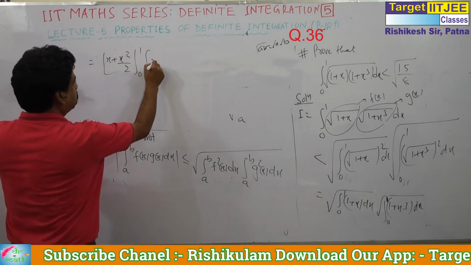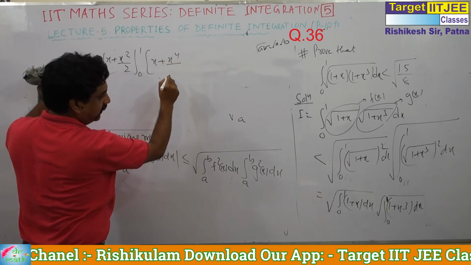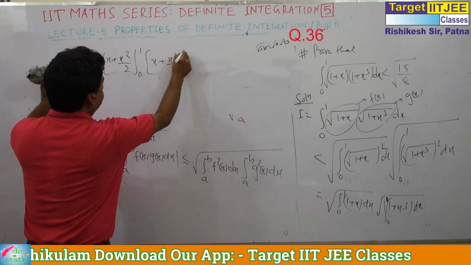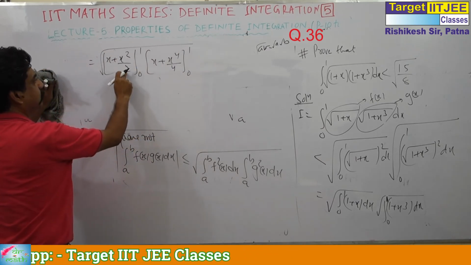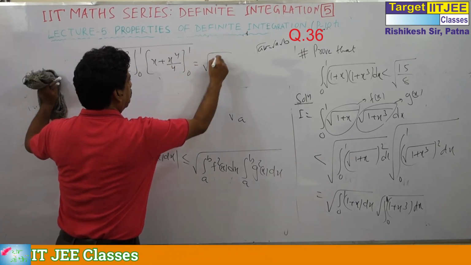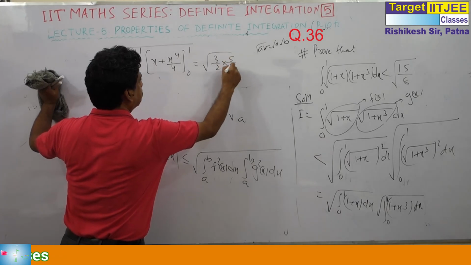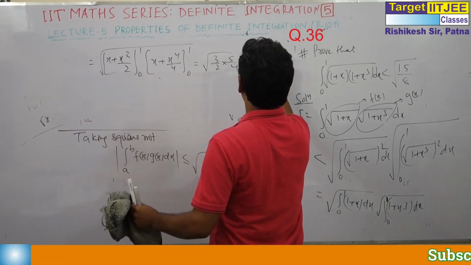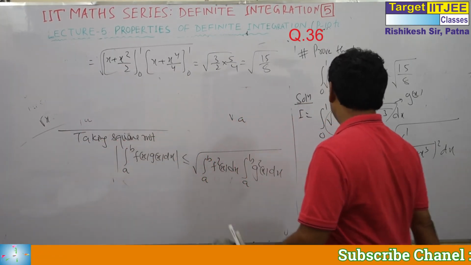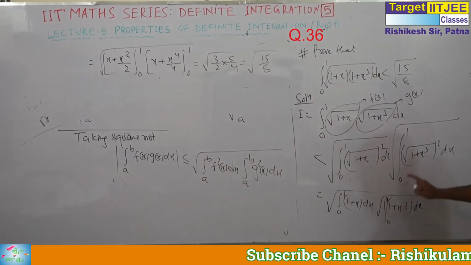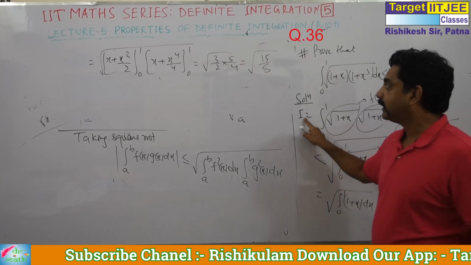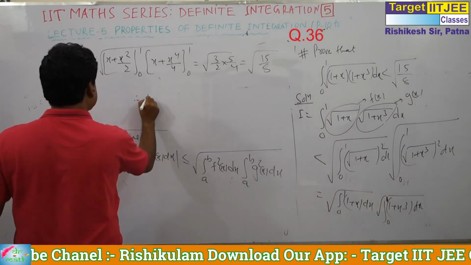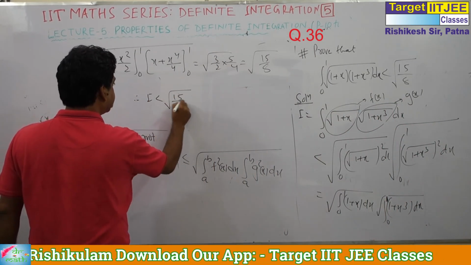This is x plus x to the power 4 by 4 from 0 to 1. This is 1 plus 1/2, that is 3 by 2, and this is 5 by 4. Root over 3 by 2 into 5 by 4. This is 15 by 8. Be careful. This is equal to 15 by 8. Overall, therefore, this is less than root over 15 by 8.